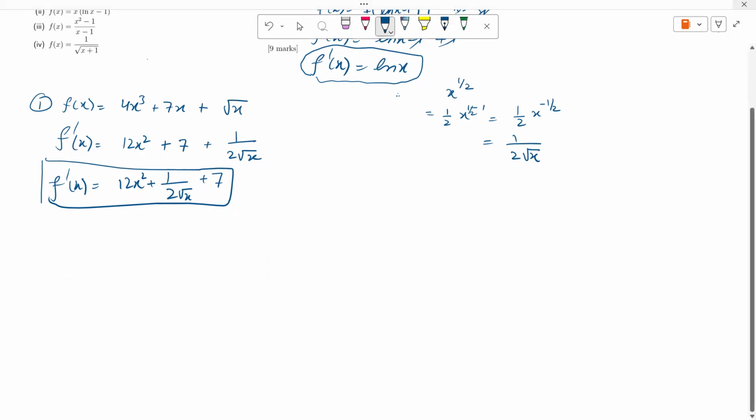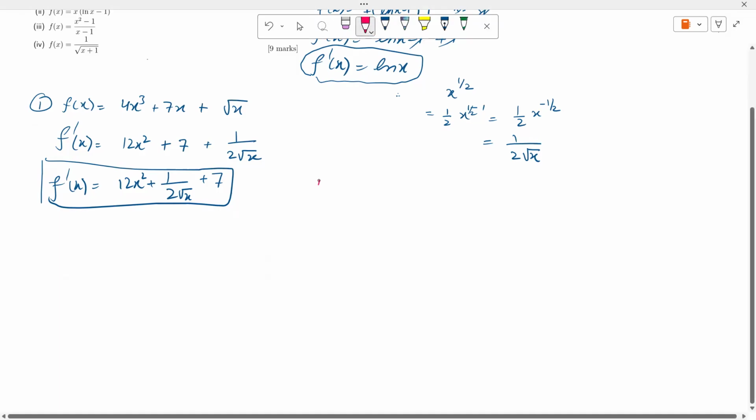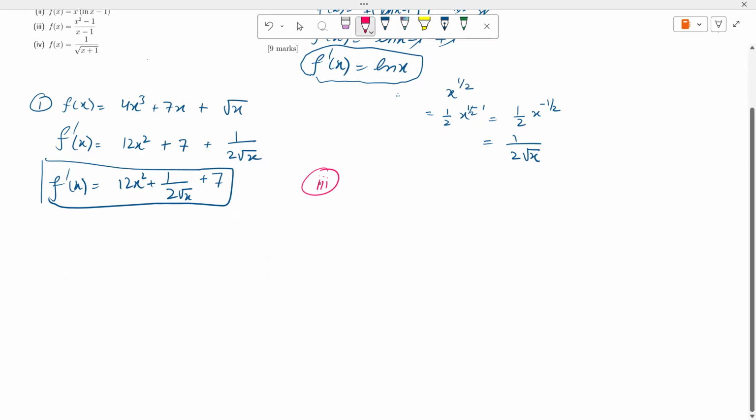This is quite an important one, because in the third part, I can see that we would be applying the quotient rule. f of x equals x squared minus 1 over x minus 1. Actually, you don't need to apply the quotient rule. Why? Because if you look at the numerator, it is x squared minus 1, right?